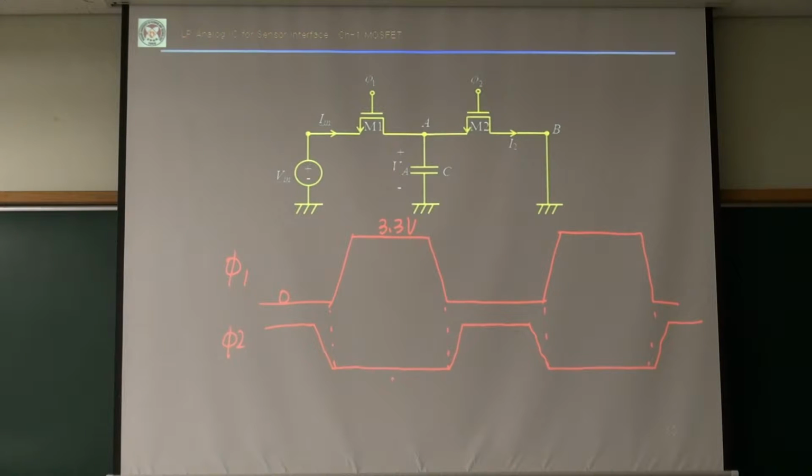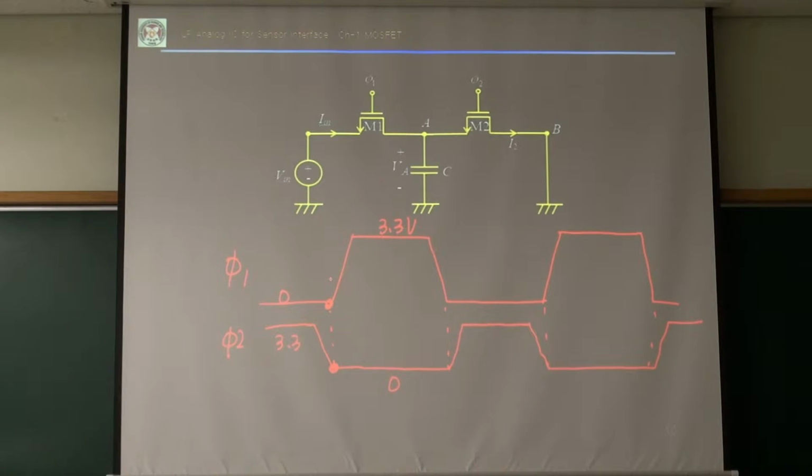Those two transistors, M1, M2, never turn on simultaneously, because it's 0, 0 there, right?